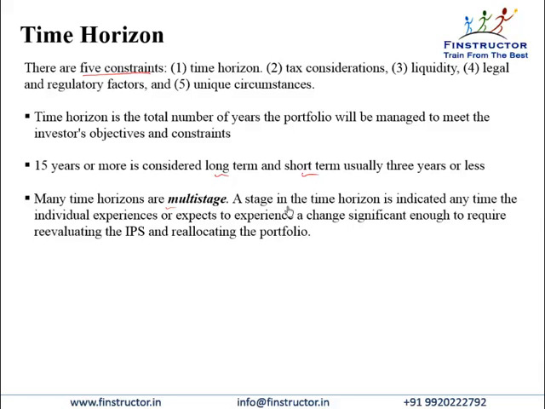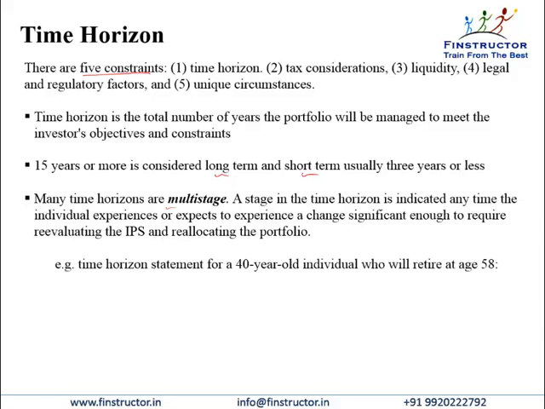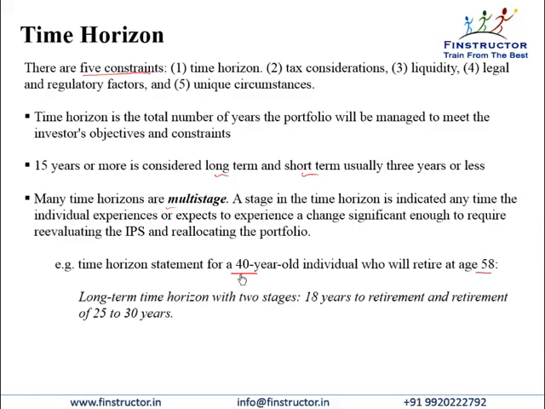So a stage in a time horizon is any time where the portfolio allocation is expected to significantly change, or the circumstances of the individual are expected to change so as to reevaluate the IPS and reconstruct the portfolio. So for example, in the case of a 40-year-old investor who will retire at the age of 58, there will be 2 time horizons.